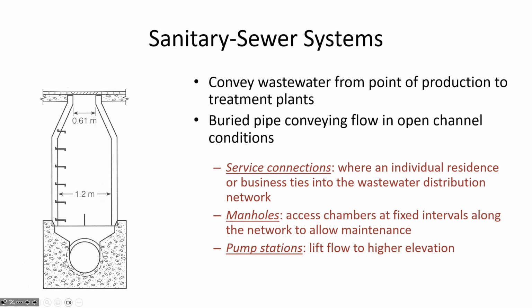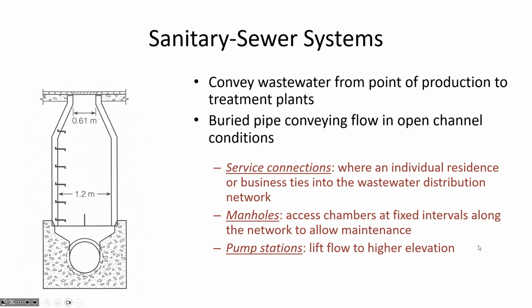Most of the time the water is flowing according to open channel flow, but occasionally there will be pump stations in a really flat area that doesn't have much slope. Then they'll have the sewage flowing downhill and then lifted back up towards the surface, because if you have a relatively flat area, then the pipe has to be angled downward in order for the wastewater to flow.